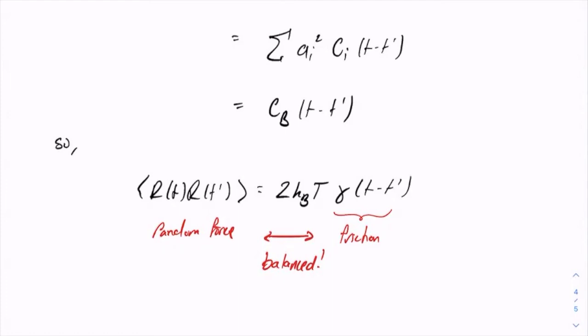So again, the bath takes out energy through this friction and puts it back through a random force in such a way that there's no net force moving the particle around, but just an ability to transmit energy back to it. And that balancing encodes the temperature.